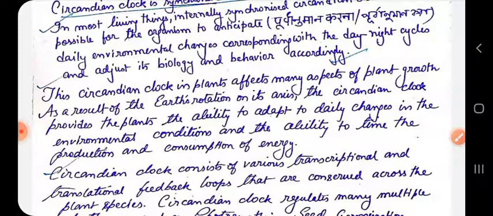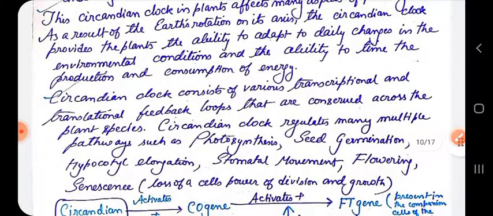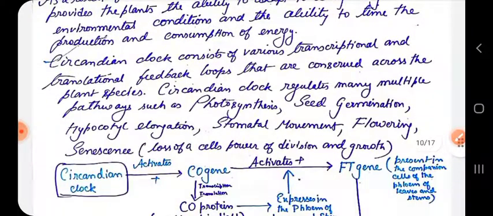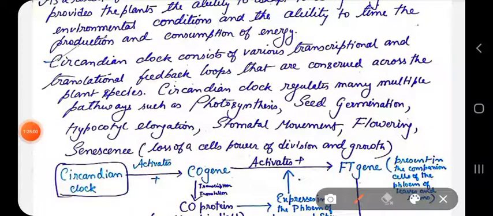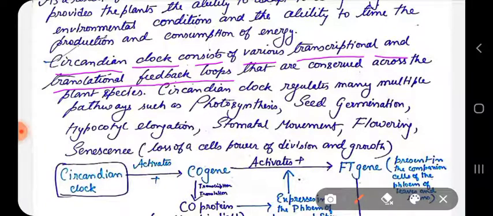So let us discuss another topic here. Actually, in molecular biology, the circadian clock consists of various transcriptional and translational feedback loops that are conserved across plant species.